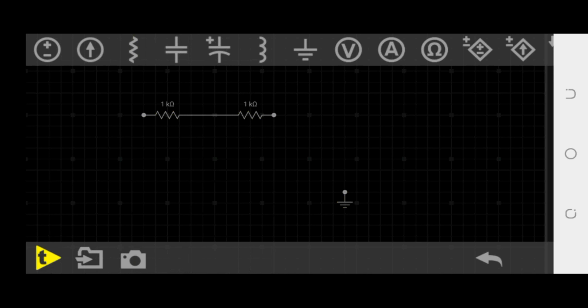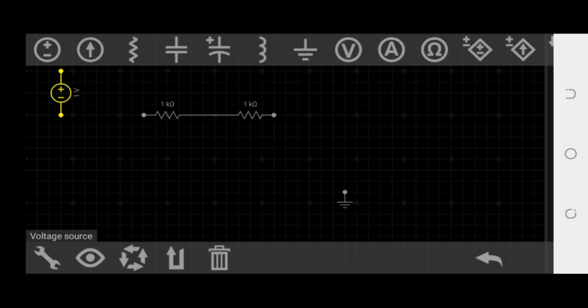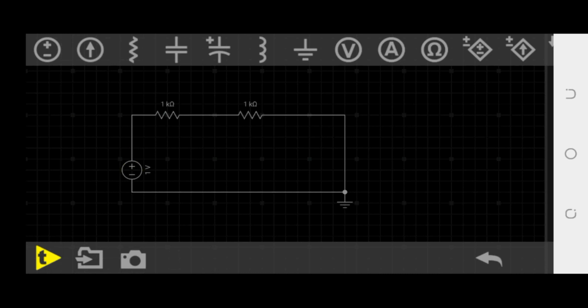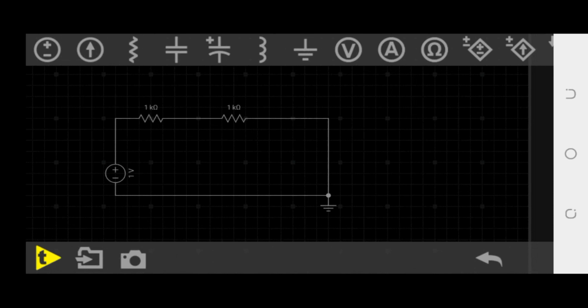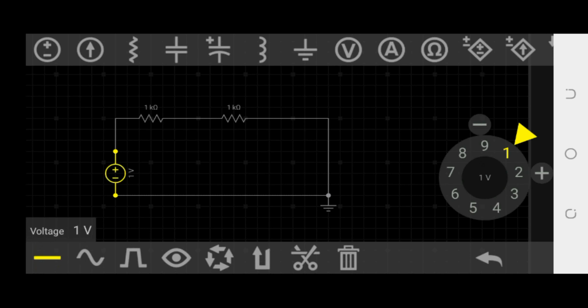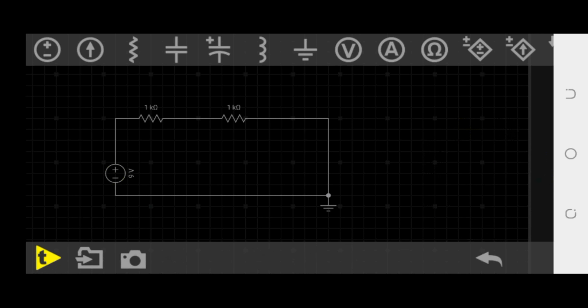I connect them together this way, and then the power source, which is a DC power source, will be connected to the other terminal of the resistor. The ground has to be connected, which is very important. Now, looking at this, the voltage here is a bit too little, so I would have to increase the voltage to 9 volts. I can use a different voltage setting, but this is what I have chosen.